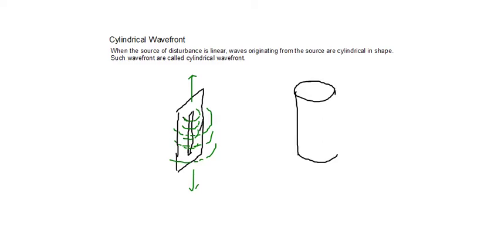So, you can see this is the wave, this is the linear source axis, here it is expanding, so this surface S is expanding in space.